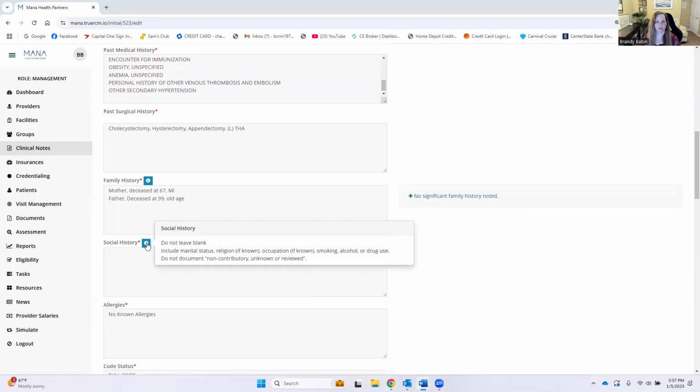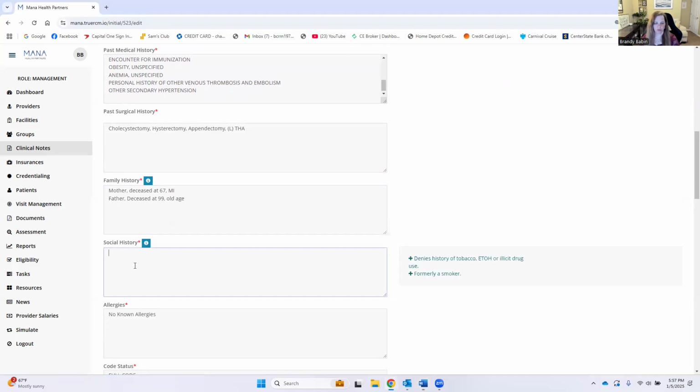The social history should include marital status and religion, which are located on the face sheet if your patient is unable to communicate that to you, but you should be discussing that with the patient, as well as their occupation or former occupation if they're retired, as well as smoking, alcohol, or drug use.